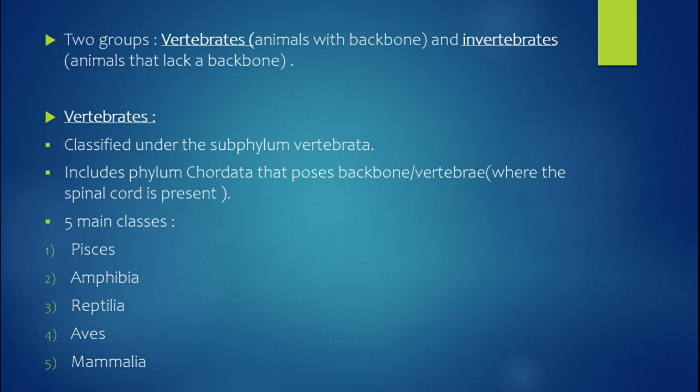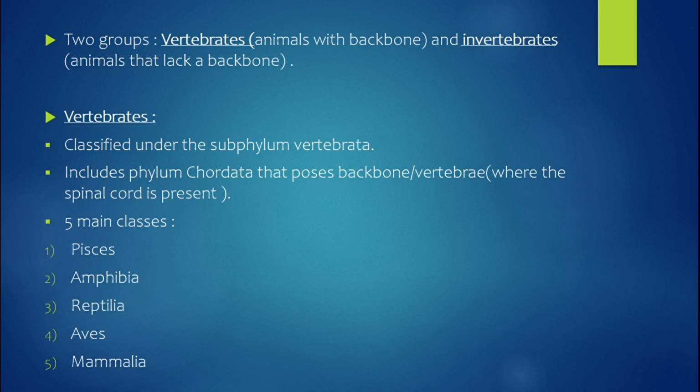Okay, next is the invertebrates. These are the animals that lack a backbone. For example, snakes, I think you might be thinking, they don't have a backbone, right? But they can move here and there, so they might come under the vertebrates or they might not.